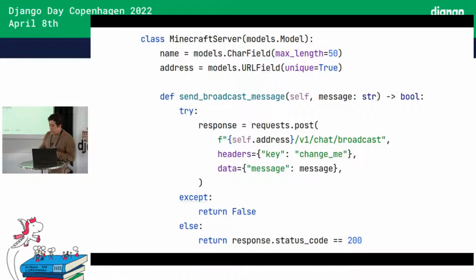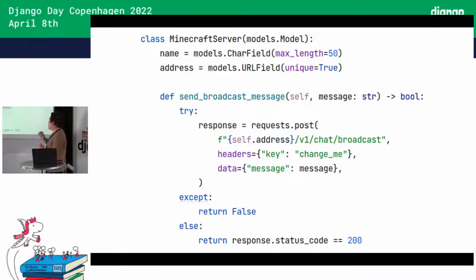But under the hood, this is the Django model. Bear with me, this is the first iteration. This is a very simplified version. I know that there are a lot of opportunities for improvement, but our focus is to get the job done. You have the model, a name, the address, and here is the method that actually sends the message to Minecraft.